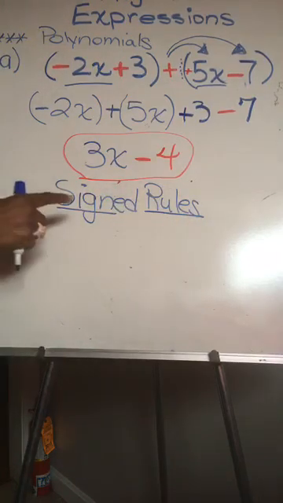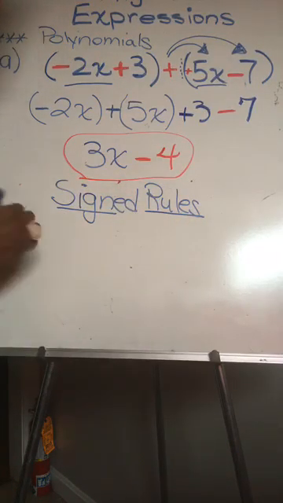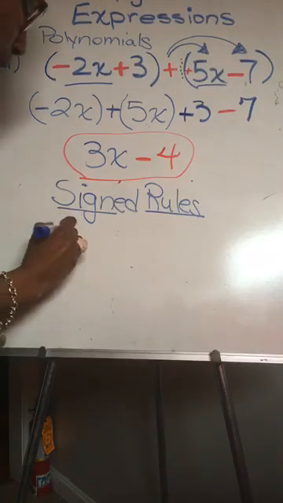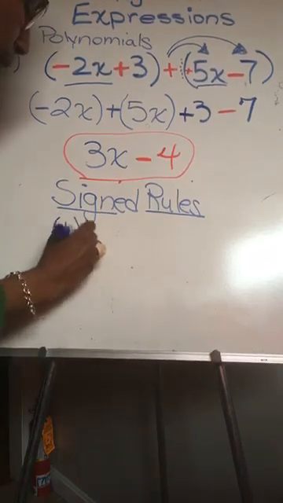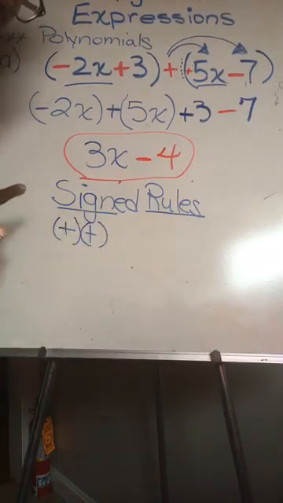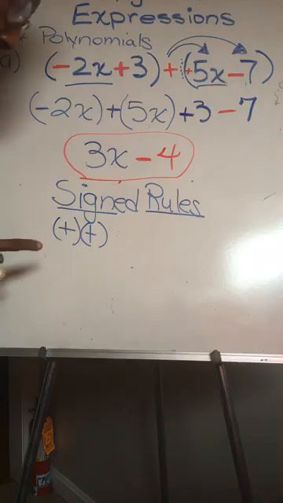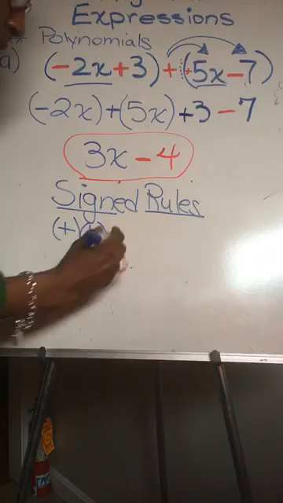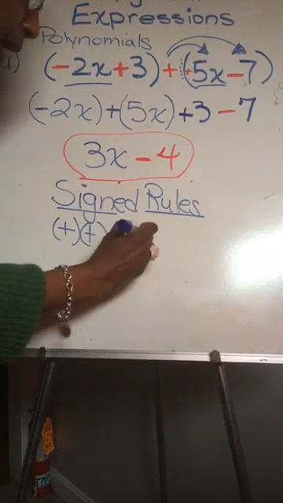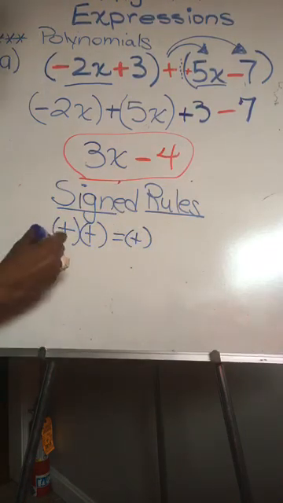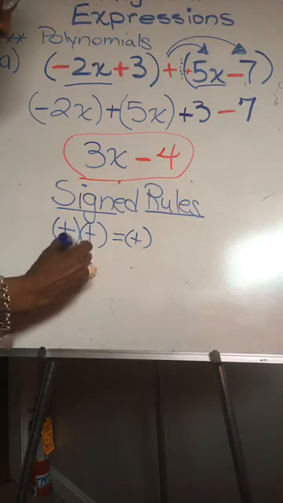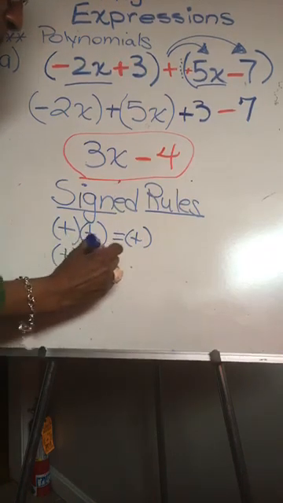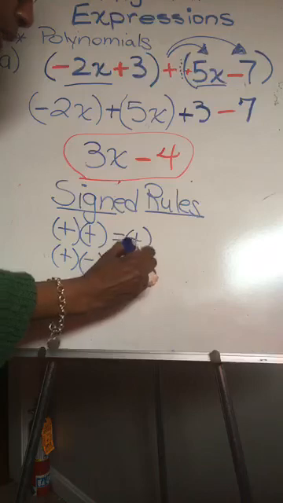For multiplication, when you're multiplying signs, it's slightly different than when you're adding or subtracting signs. A positive times a positive gives you a positive. A positive times a negative will give you a negative number.